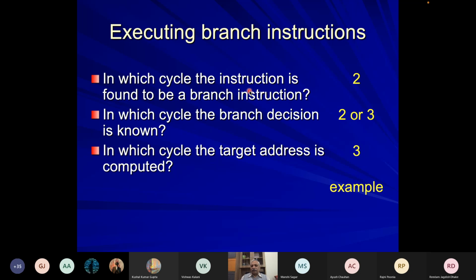So it would typically happen in the cycle where addition, subtraction, or all DP instructions happen. But if you're simply looking at flags, then flags have been set by the previous instruction, and you could do this in second cycle. The target address computation would typically be done by the ALU in the third cycle. But these are just example figures. These could vary depending upon how the instructions are organized at microarchitecture level.